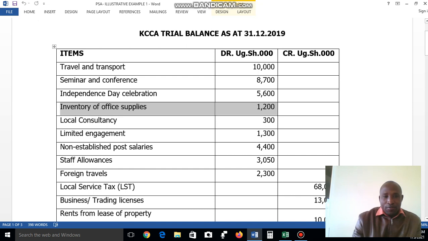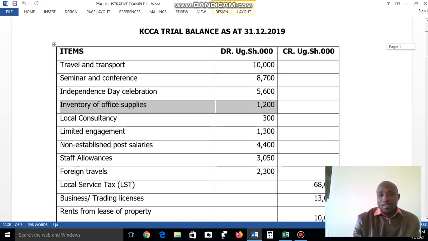We know inventory of office supplies, being an inventory, is an asset, and all assets, we said, have a debit side.